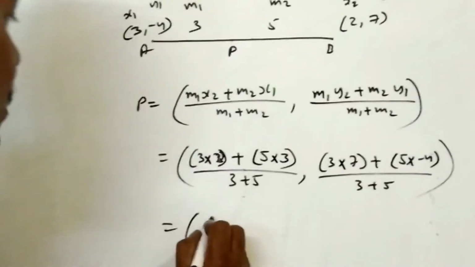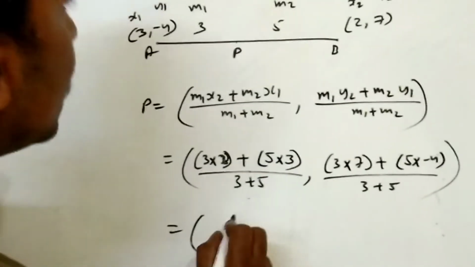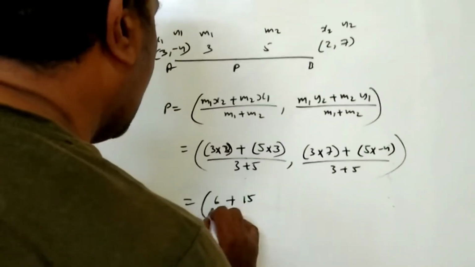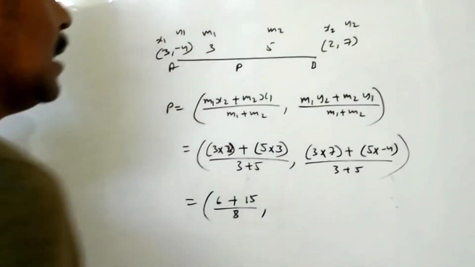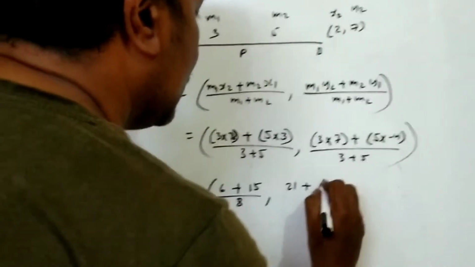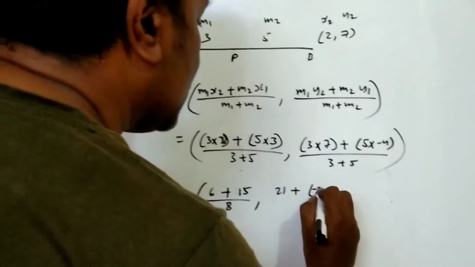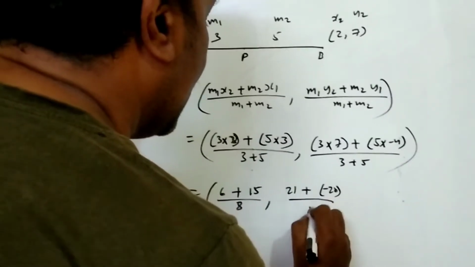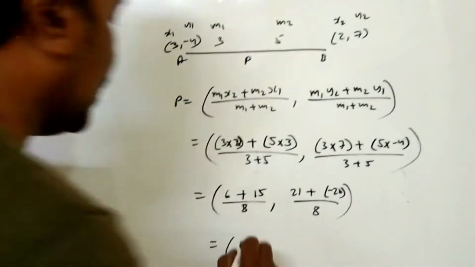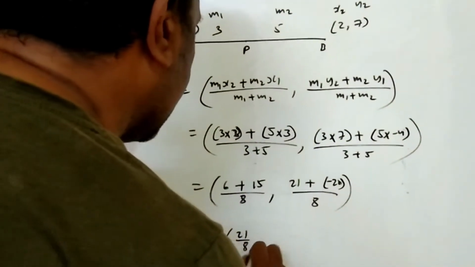Now 3 twos are 6, plus 5 threes are 15, by 8. Here 7 threes are 21 plus 5 fours are 20, minus 20, by 8. That is 6 plus 15, 21 by 8.